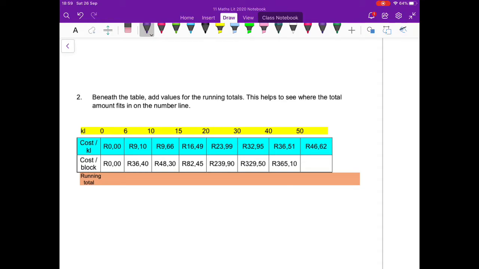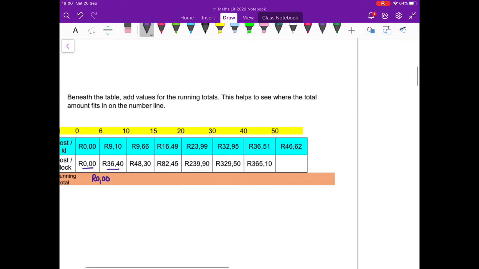So up to here, this is going to be 0,00. I'm going to add 0 plus 36.40, so over here, I'm going to have 36.40.